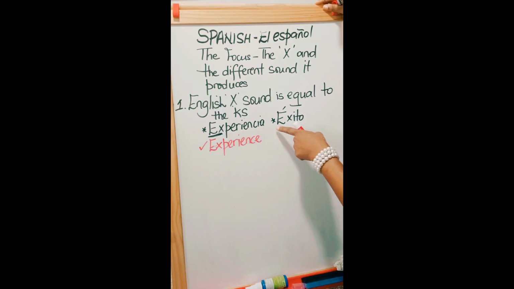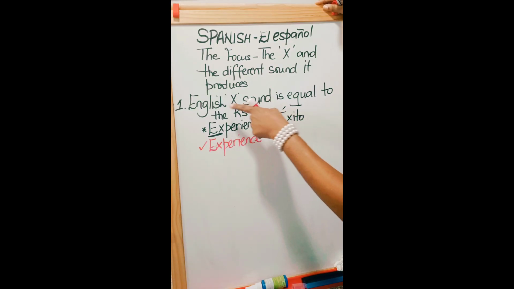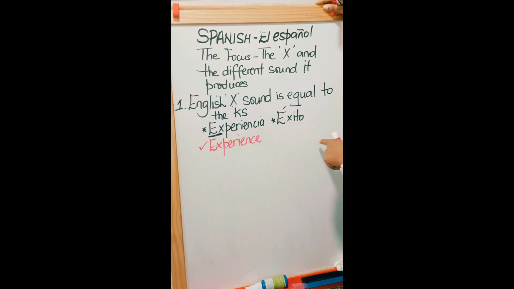And we are moving on to the second example of the English X sound of the Spanish letter X. Éxito. What do you hear? KS. Éxito. Even though it is EX, you are hearing the K and the S coming out. Éxito.